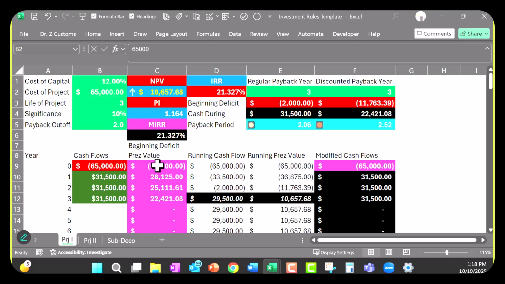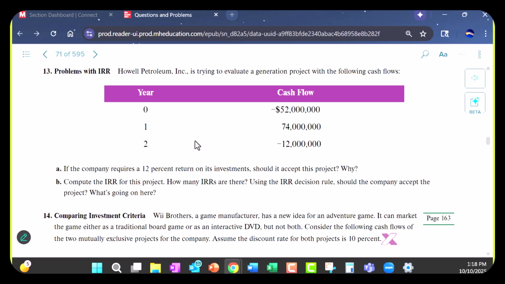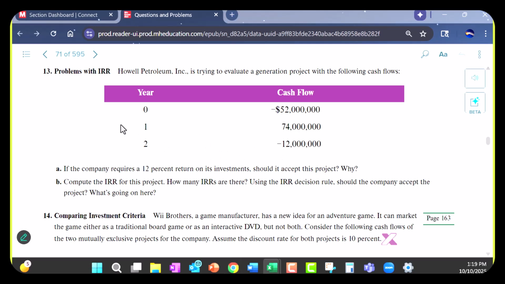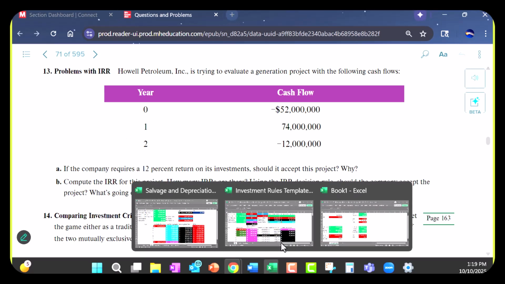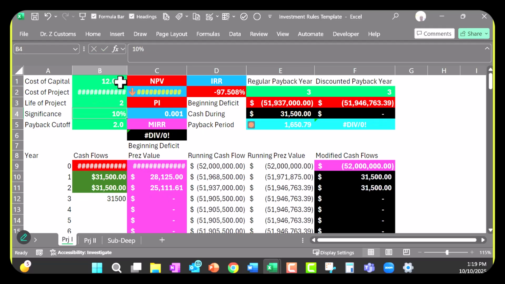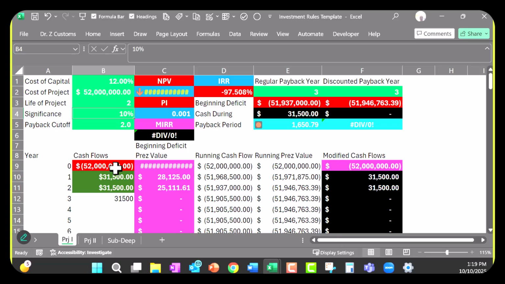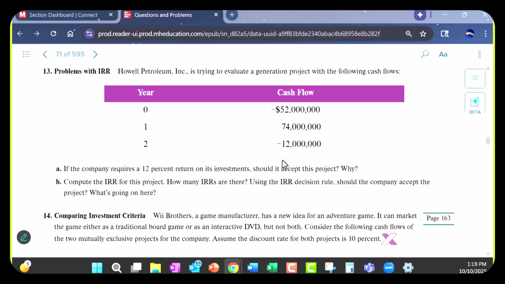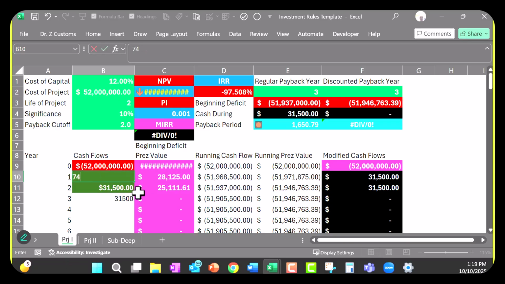Cost of capital, two years, 52 million, 74 and negative 12.